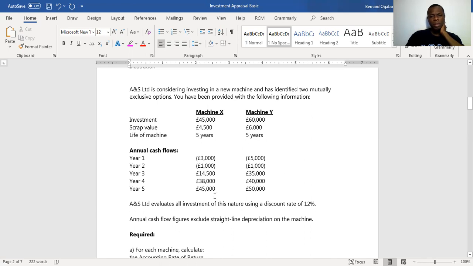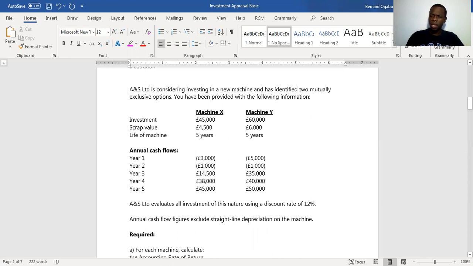These are the annual cash flows. Loss in year one for both machines. Year two, losses for both machines. Year three, they are in profit. And estimated, evaluate all investments of this nature using the discount rate of 12%.